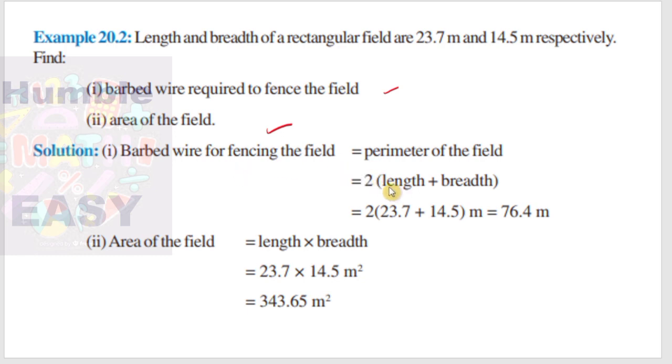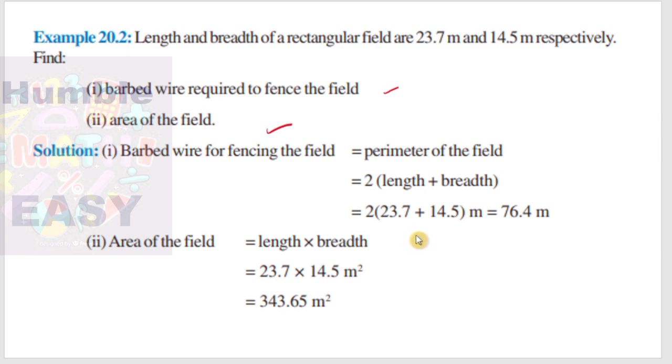Our field is in a rectangular shape. So the perimeter of the field is twice the length and twice the breadth that we have. So twice of 23.7, which is the length, plus the breadth, 14.5. 23.7 plus 14.5 is equivalent to 38.2.